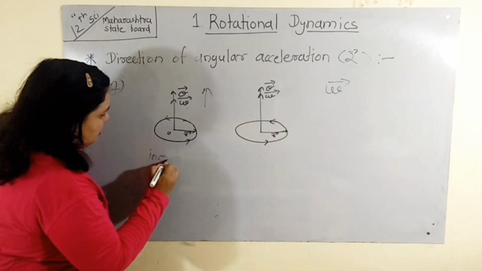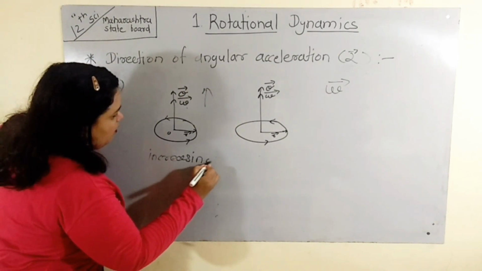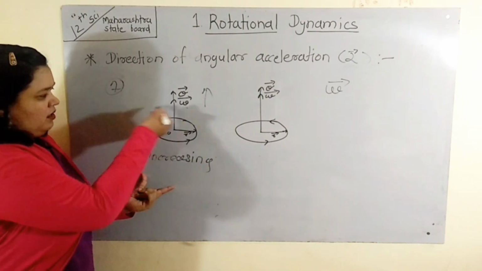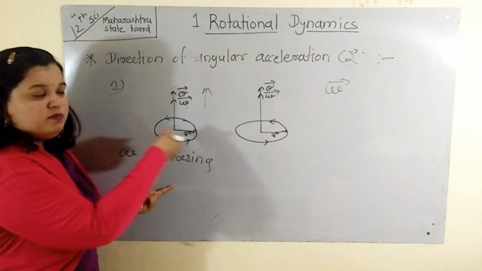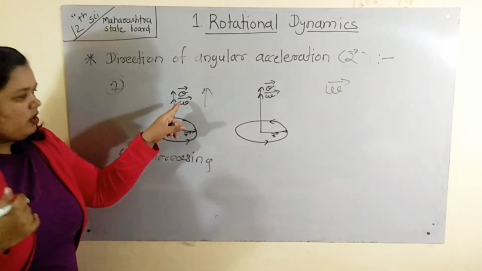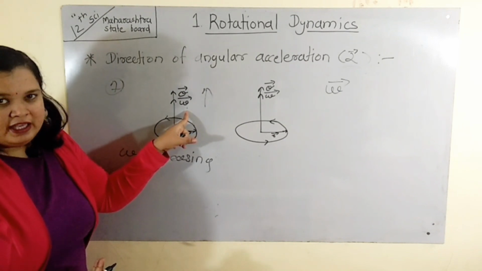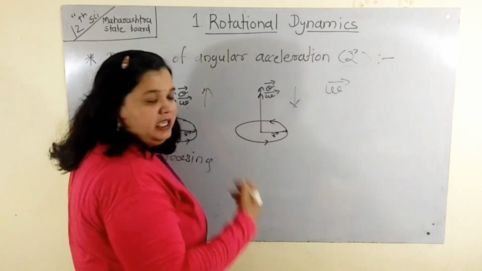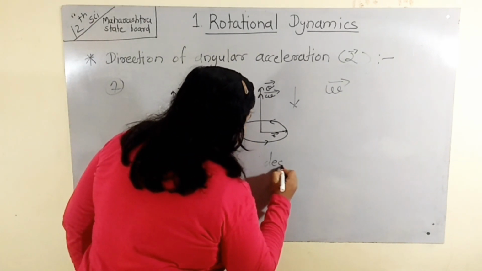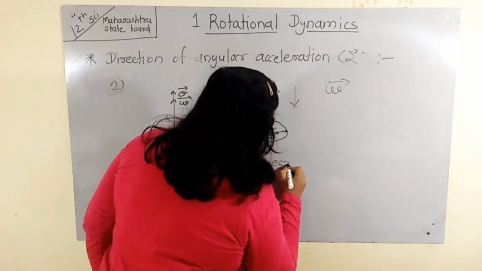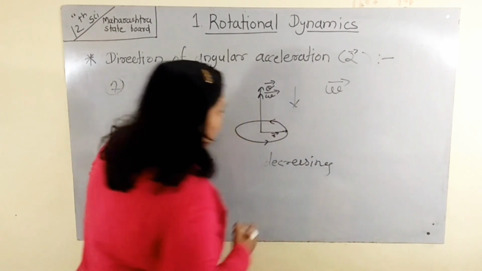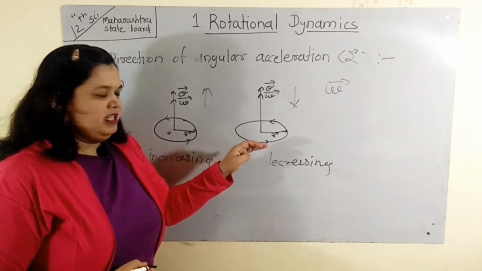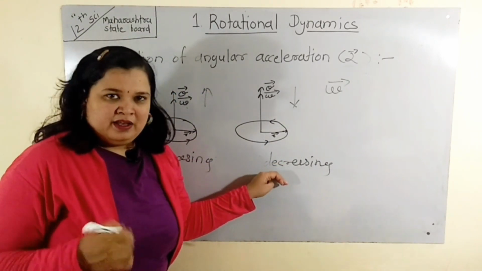The motion is like this, but in this motion the angular velocity goes on increasing. In the second case, we consider omega decreasing, that is angular velocity is decreasing. In the first case omega is increasing, and in the second case omega is decreasing.